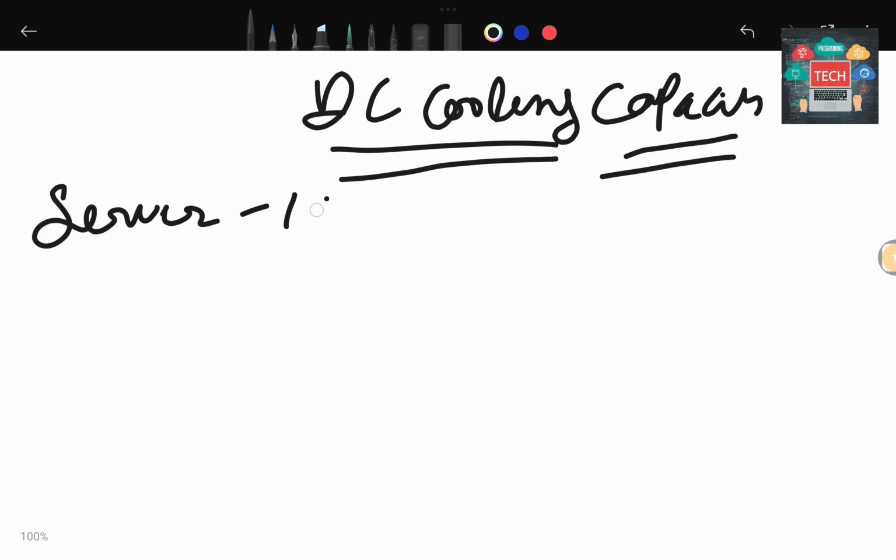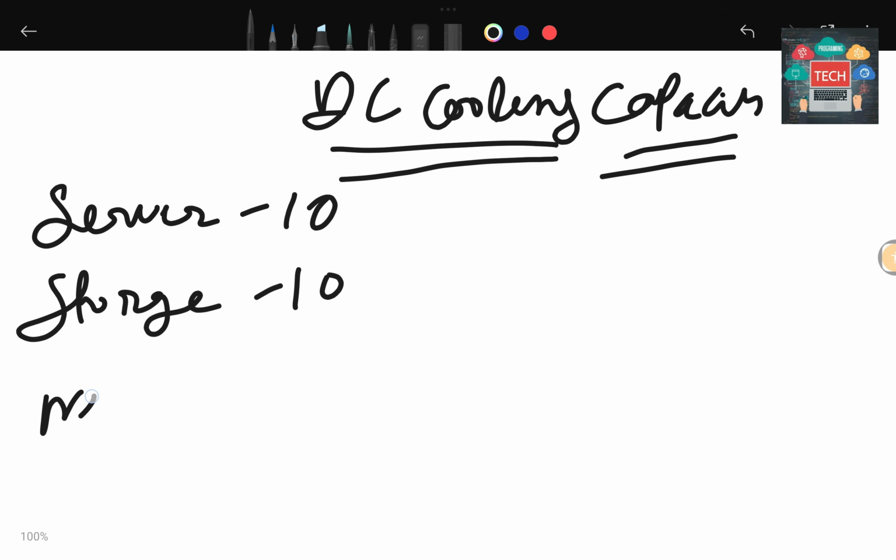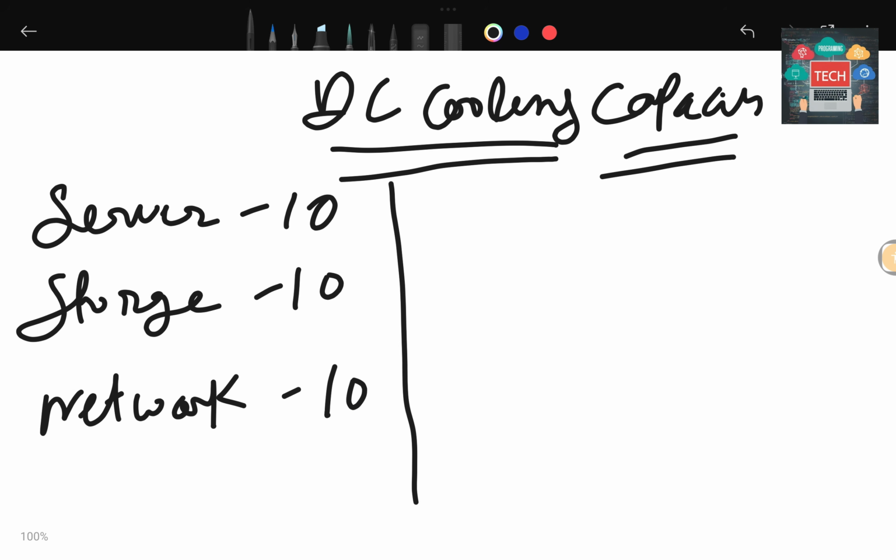For example, if I have 10 servers, 10 storage, and 10 network equipment, I am just taking an example. Now we have to calculate the power, not BTU, sorry, the watts. We have to calculate the watt power.